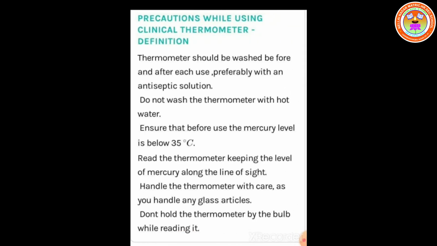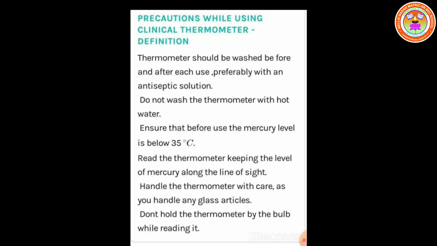A clinical thermometer indicates temperatures from a minimum of 35 degrees Celsius or 94 degrees F, to a maximum of 42 degrees Celsius or 108 degrees F.